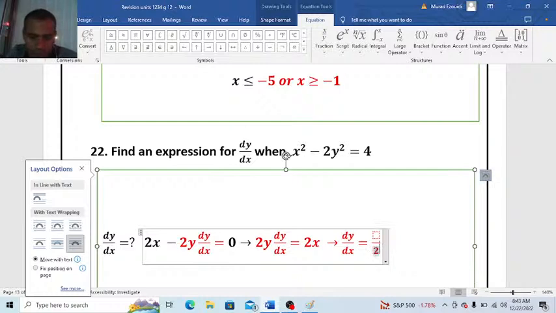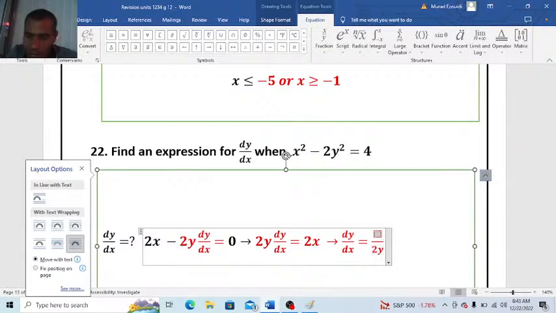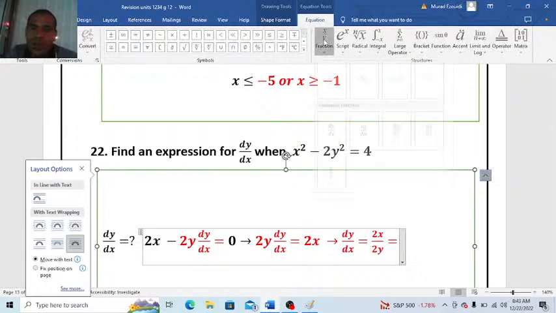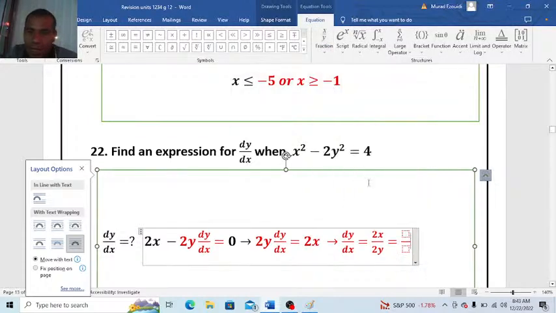Therefore, you can write this as x over y, simply because the 2 is a common factor. Okay, x divided by y.